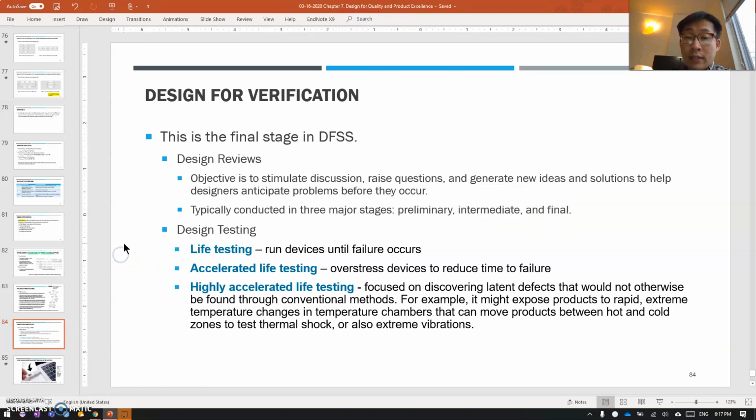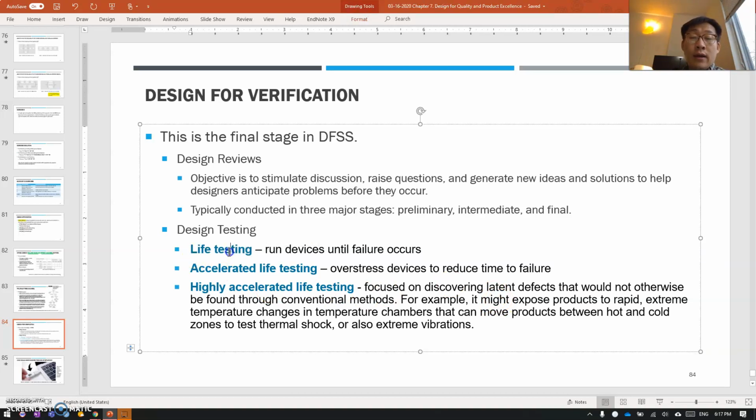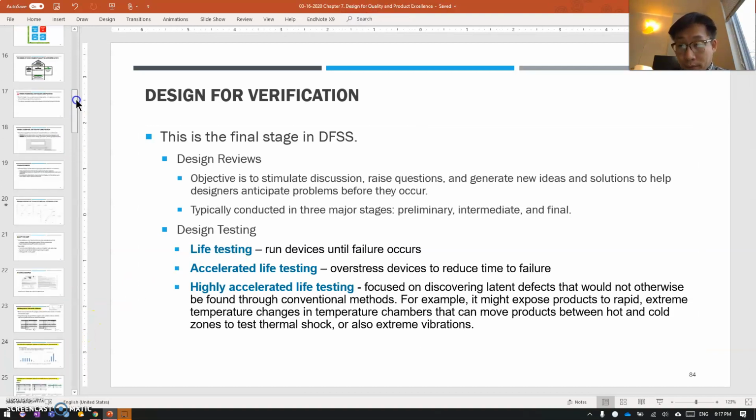Okay, and design testing. I've shown you the video, I think on Thursday, of how they do the extensive design testing. They do the life testing. I hope you still remember the bathtub model.